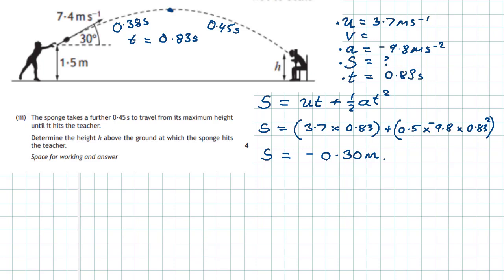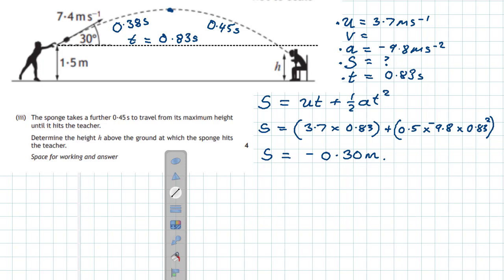You see, if I draw a line from the starting point across here, if I take this dotted line here, that's zero displacement. And if I draw the line right across the way until it's well past the teacher, you can see from the diagram that if the sponge is in this position, that's its maximum height above this line here.